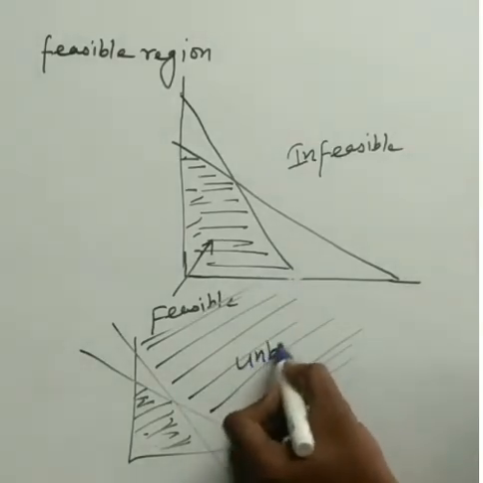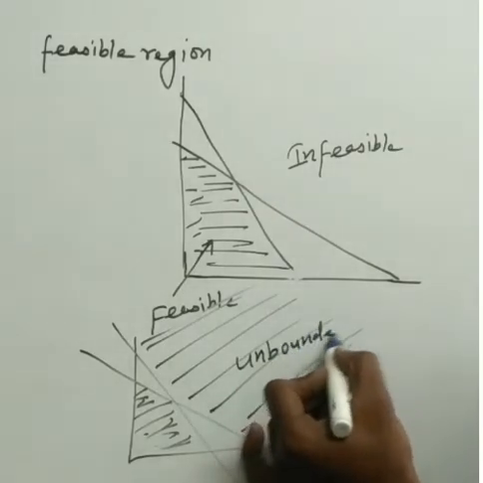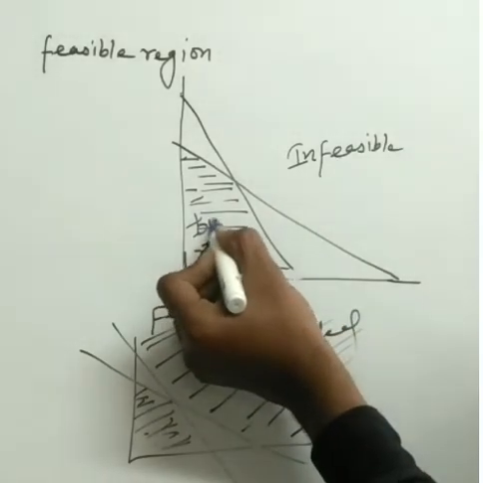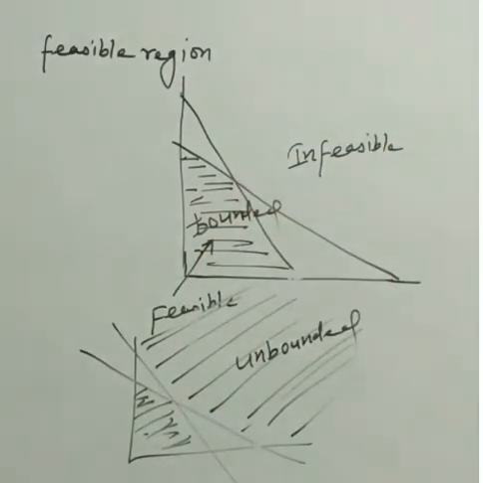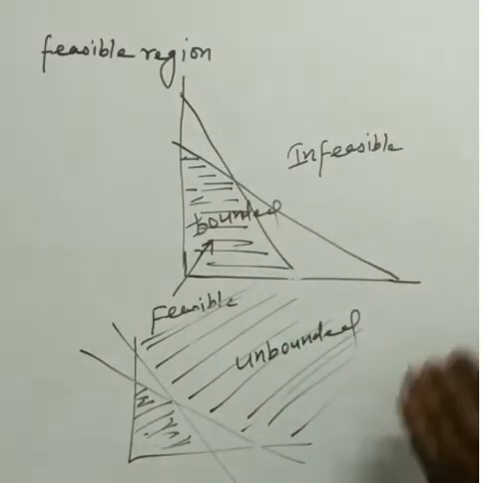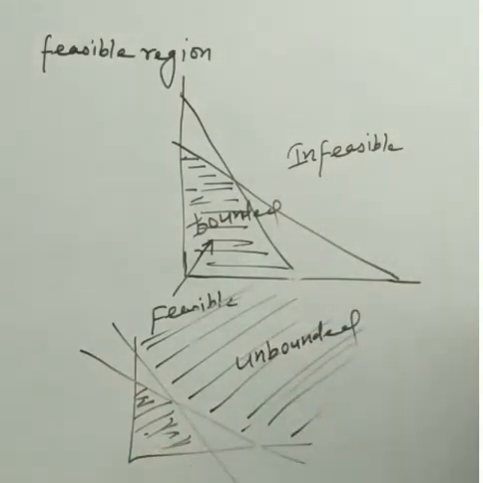This is unbounded, and here we have a bounded feasible region. So the solution region which satisfies the given constraints is known as the feasible region. If it is finite, it is bounded, and if it extends up to infinity, it is unbounded.